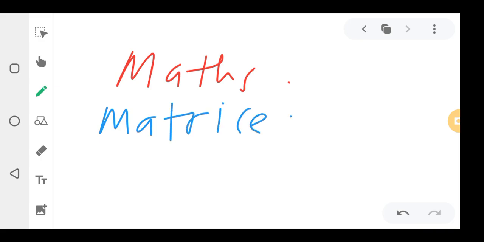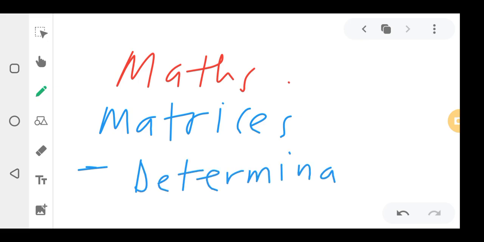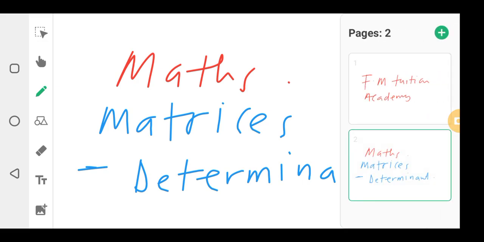Okay, so today in maths, we'll be looking at a topic called matrices, and we'll center on determinant. That's what we'll center on. For example, in the exam, a question can come, question 1 there.